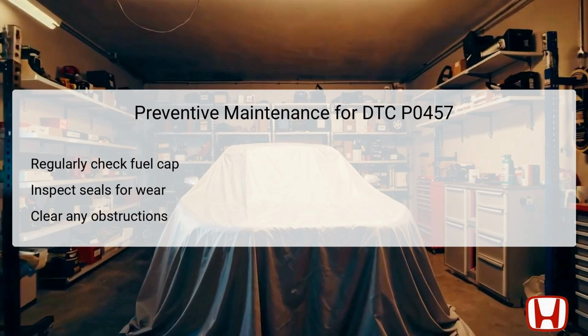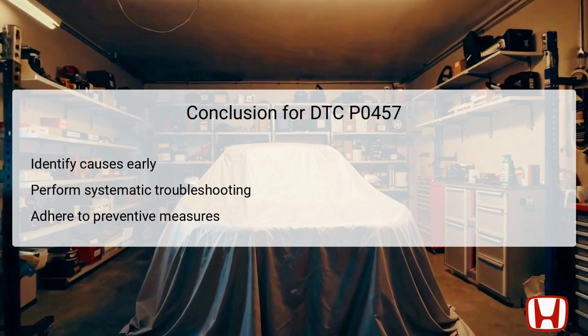compliance with environmental regulations. To summarize, the DTC P0457 serves as an important indicator of potential issues within the evaporative emission control system, specifically linked to fuel fill cap integrity and associated components. Identifying the causes early and adopting a systematic troubleshooting approach proves essential in resolving these issues efficiently.